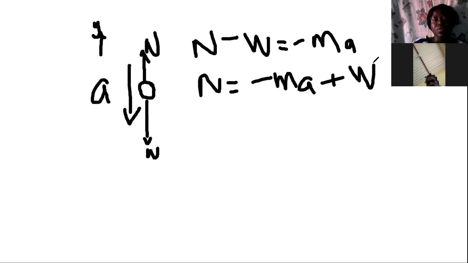Okay, let's do the same. You have a mass of 60 kilograms and you are accelerating downwards at 2 meters per second squared.